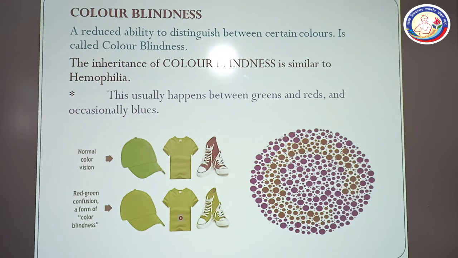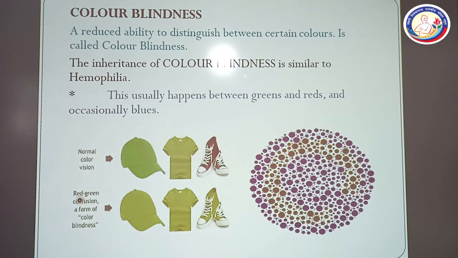A very important figure is given here. Suppose this is the green cap, this is the yellow t-shirt and these are the red shoes. If a person has normal color vision, green will be seen as green, yellow will be seen as yellow and red will be seen as red.